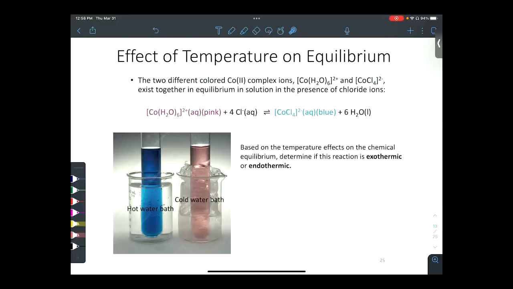Okay, so in the hot water bath, what substance is dominant, the blue or the pink? Blue. So when we add heat, the reaction goes to the products, to the right. So which side is heat on? The reactant side. Do you see how we got that?